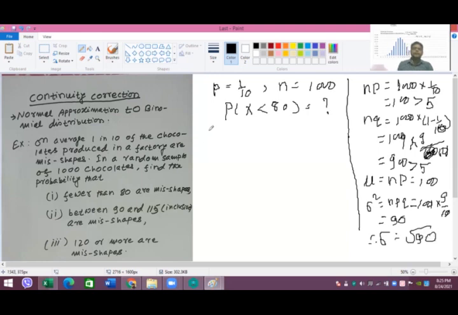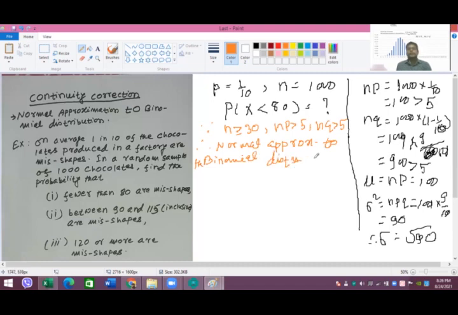Okay, so you can say that since here n is greater than or equal to 30, and also n times p is bigger than 5, and n times q is also bigger than 5, therefore you can say that, in short, the normal approximation to the binomial distribution is appropriate.